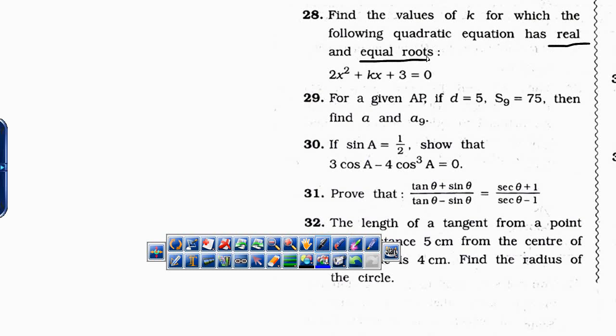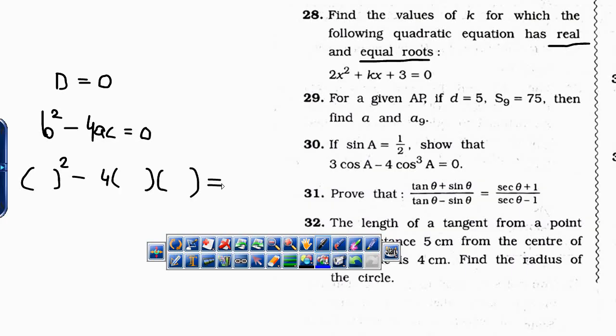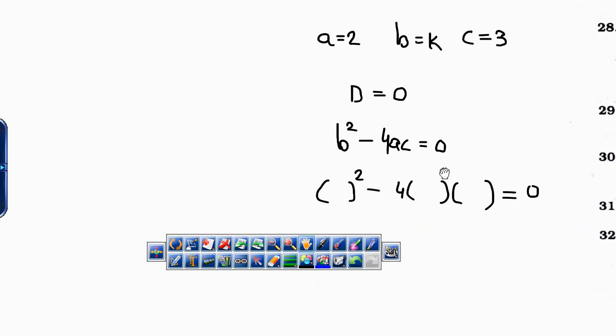Real equal roots मतलब d is equal to 0, मतलब b square minus 4ac is equal to 0. बट ABC की वैल्यू लिखी नहीं है, एंड दैट्स अ बिग रिस्क यू आर टेकिंग. इफ यू वांट टू अवॉइड सिली मिस्टेक्स, A, B, C की वैल्यू पहले रेडी कर दो, फिर क्वेश्चन देखने की ज़रूरत नहीं.